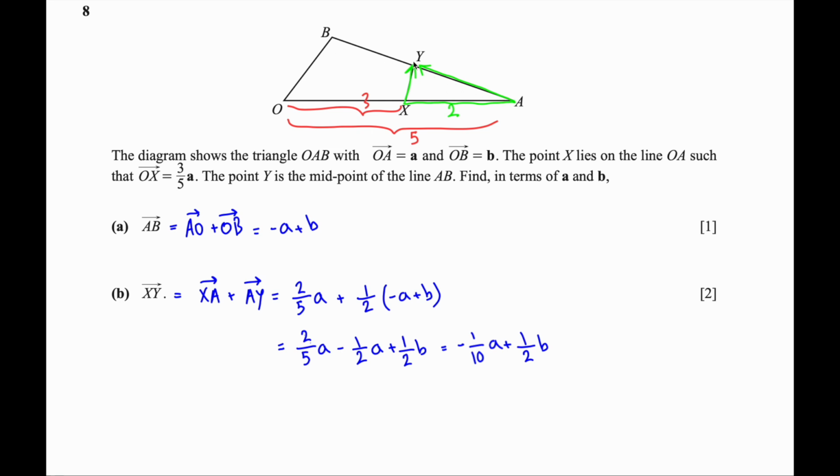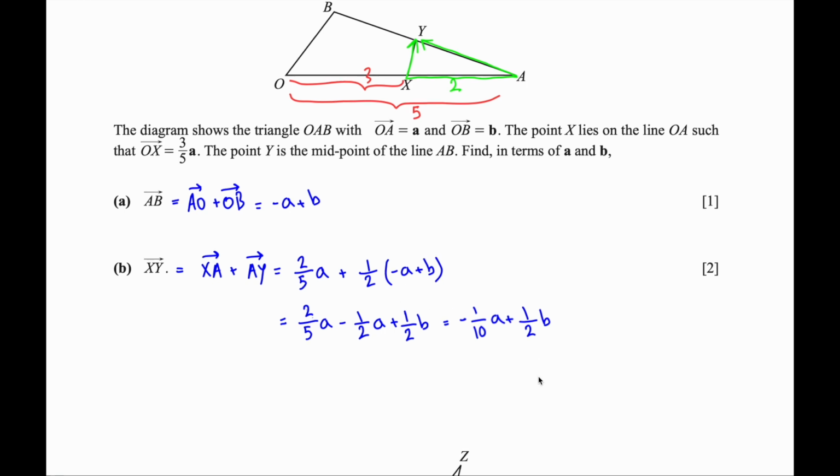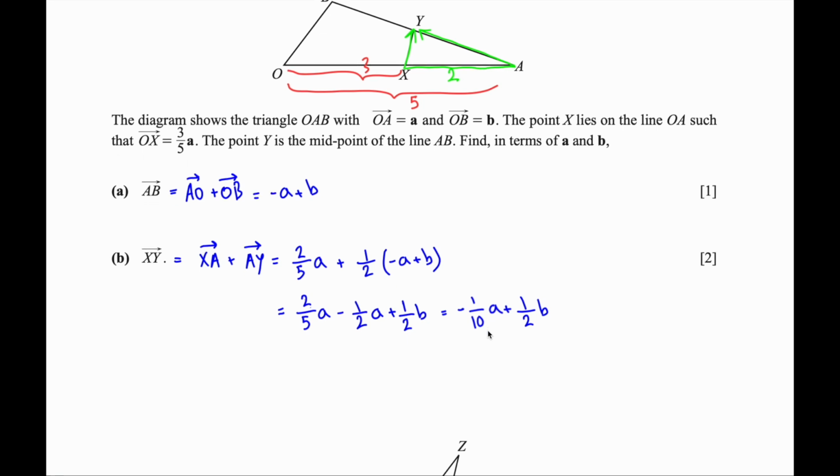It is half of AB, which I found here. We are moving in the same direction as AB, and so it's just half of the value I found in part A. Then you just have to tidy up, gather all the A's together, and I have only one term in terms of B, and the final answer is negative 1 over 10 A plus half of B.